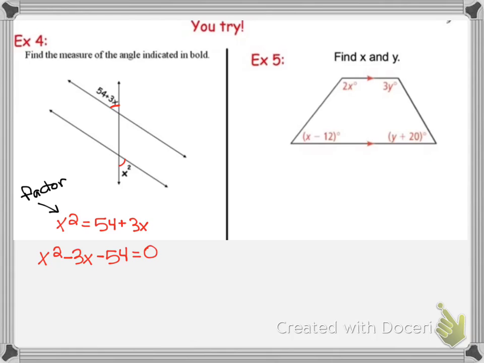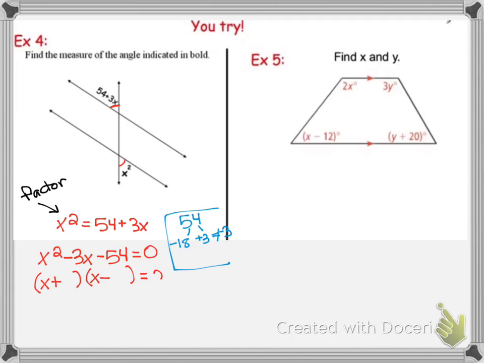Okay? And so now we need to factor this. Since I've got minus minus, my answers are going to be plus minus. One's going to be positive, one's going to be negative. So now I just need to look for factors of 54 that will work for me. So some factors of 54, well, it breaks into 18 and 3, but even if 18 was negative and 3 was positive, that would not equal negative 3.